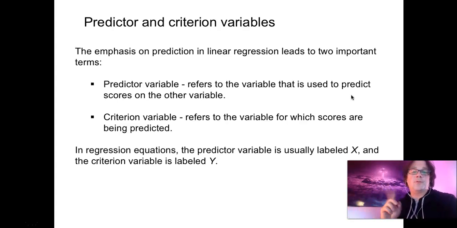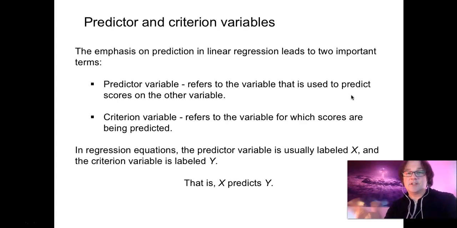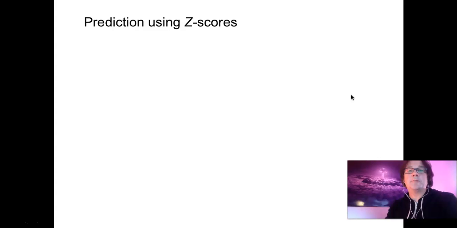So we'll start off with one x variable that we're going to use to try to predict the score on a y variable. So x predicts y is essentially what it comes down to, or the predictor predicts the criterion variable, or the predictors, plural, will predict the criterion variable.